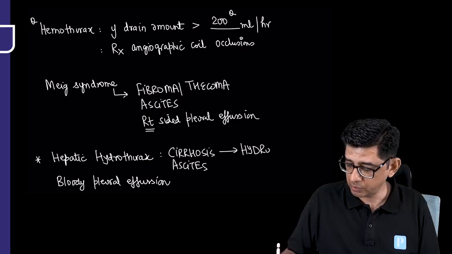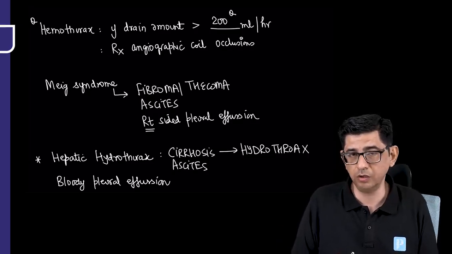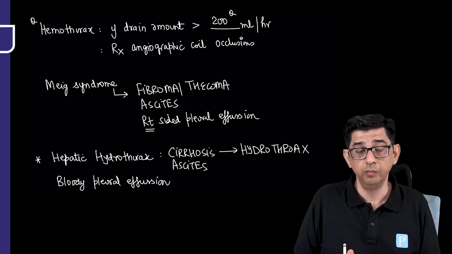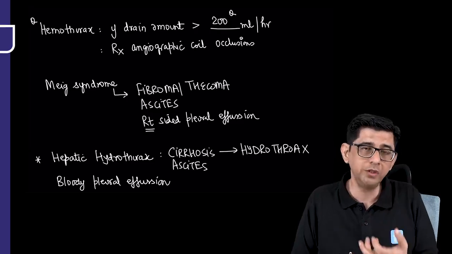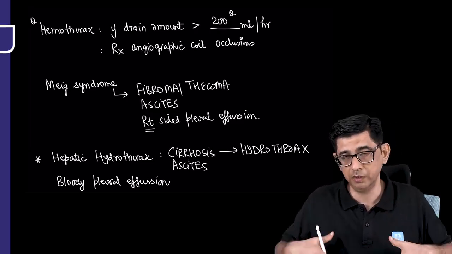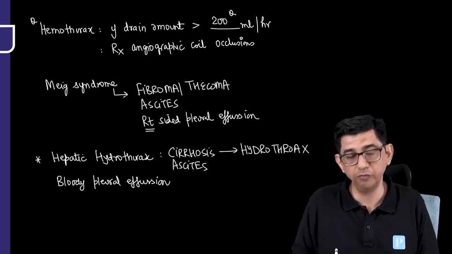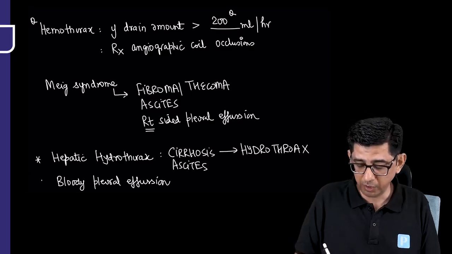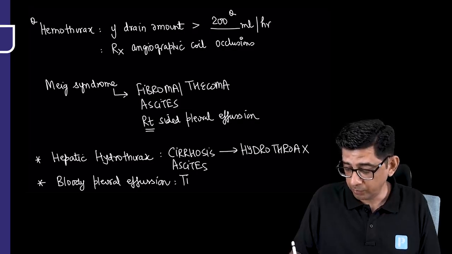Hepatic means that there is a problem in the liver, and the problem in the liver is that this guy is an alcoholic, so he has damaged his liver, he's had alcoholic cirrhosis, he developed ascites. But ascites patients can also get pleural effusion. So the query is, how is it possible that an ascites patient with that big tummy is having a pleural effusion? Well, via the holes in the diaphragm, the fluid can be passing. Then we have bloody pleural effusion apart from TB, apart from trauma and bleeding diathesis.